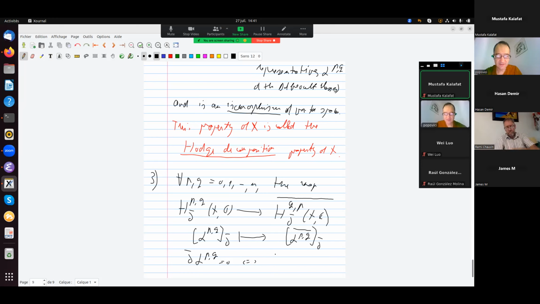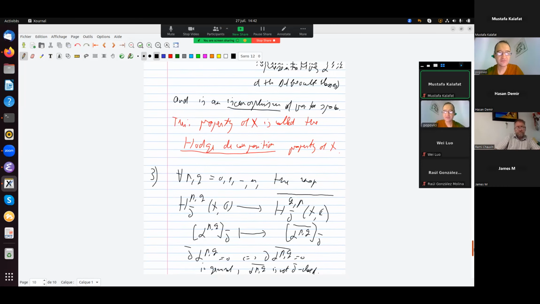And this is equivalent to saying that its conjugate, that is del of alpha PQ bar, is 0. But in general, alpha PQ bar has no reason to be D-bar closed. It's only del closed. So in general, alpha PQ bar is not D-bar closed.